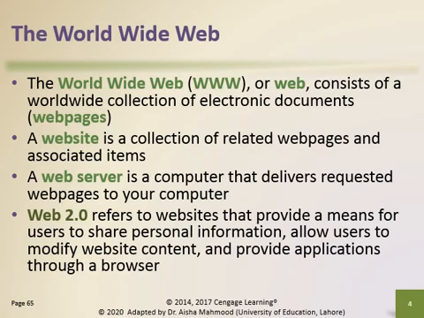Previously used web was named Web 1.0. The difference between Web 1.0 and Web 2.0 should be clear to all of you. Web 1.0 was a read-only web, whereas Web 2.0 is a read, write, share, and collaborate web.